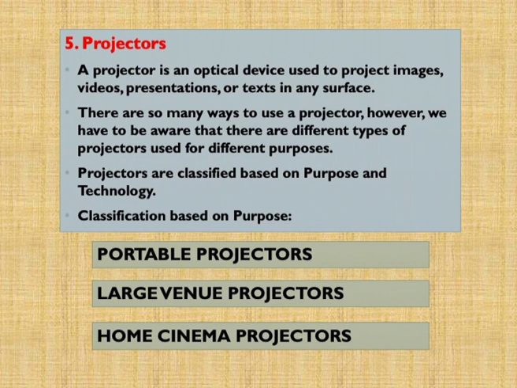When there are a number of people who are accessing that particular data, you want to project the data to more number of people, you can use a projector as an output device because it can be viewed by a larger group of people. There are different types of projectors: portable projectors, large venue projectors, and home cinema projectors.